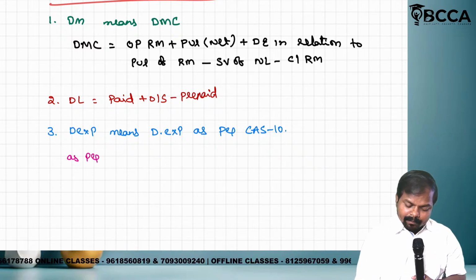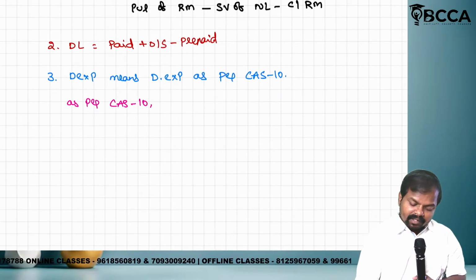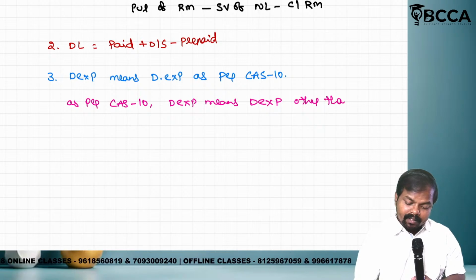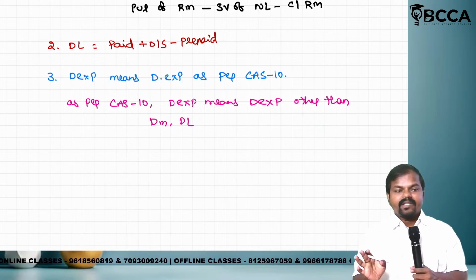As per CAS 10, direct expense means direct expense other than direct material and direct labor. Very simple definition.